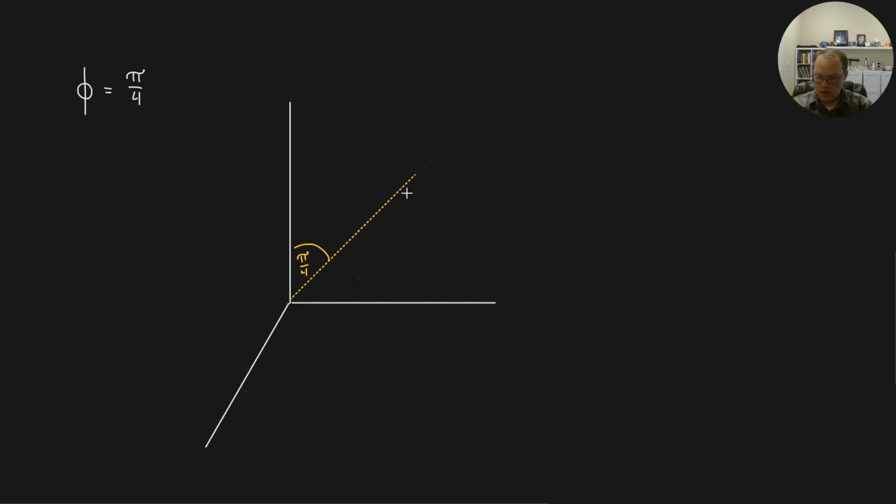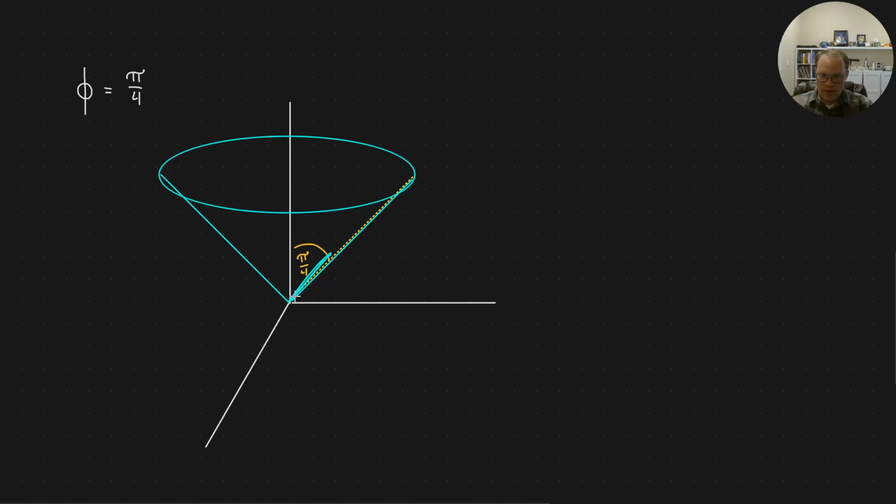So because I could go around, and because I can go out, I end up getting a cone. I just have to stay at that angle of pi over 4. But what's more, my rho, my radius, could be positive or it could be negative.